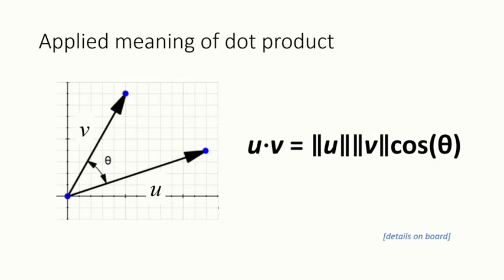In this 2D example, mu and nu, and their dot product equals the norm of the first times the norm of the second times cosine of the theta between these two vectors.